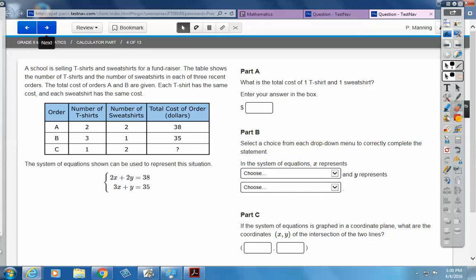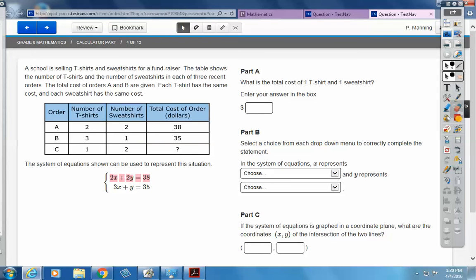The first thing that I'm going to do is take this first equation here, this one right here.